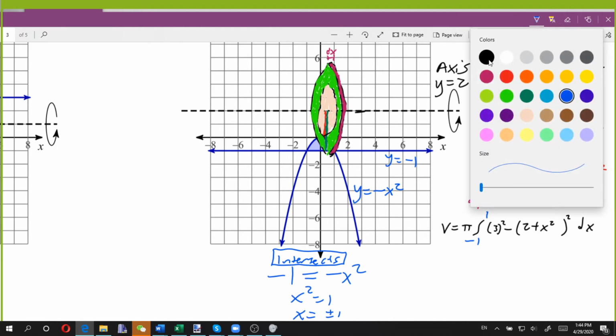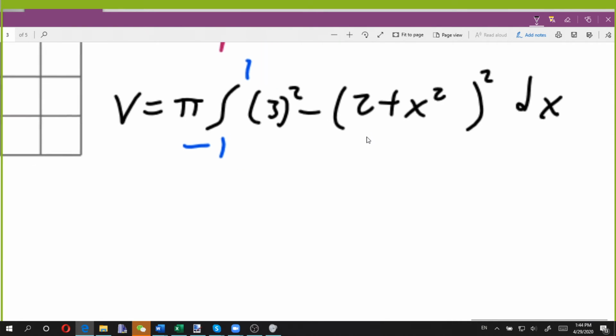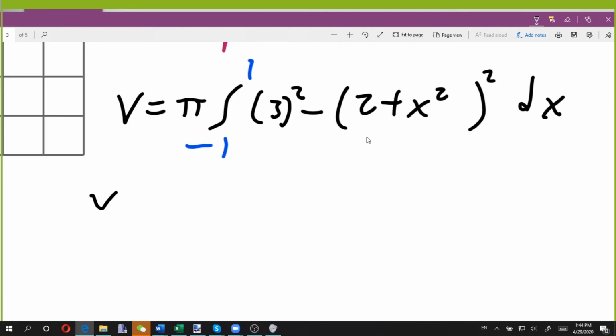So now I just need to simplify and integrate. Abby, sticking with you, what's going to happen if I square this?